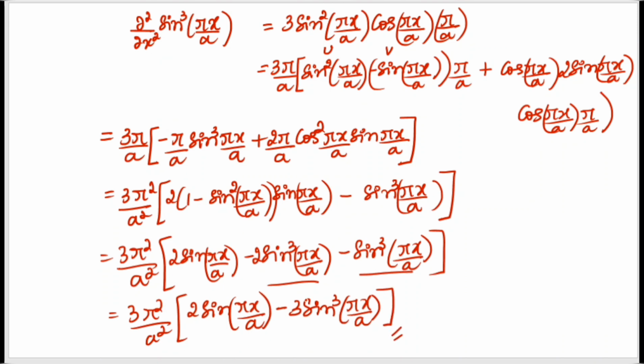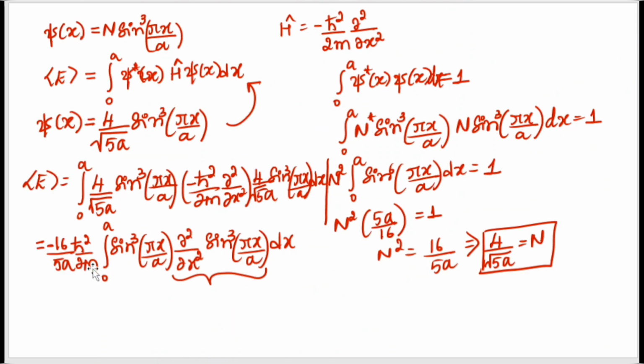Now this expression I want to substitute in the earlier equation. So here we get, which is equal to minus 16 divided by 5a, h cut square divided by 2m, into the integration from 0 to a of sine cube pi x divided by a.